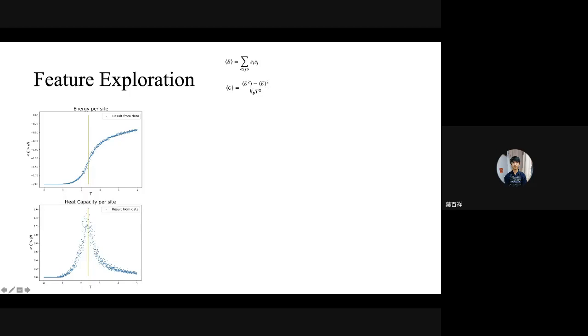Maybe I can answer the question. For each configuration, we can calculate the energy by the formula in the slide, and we just square this energy. It means the E square of this configuration. And since for one temperature we have 100 configurations, we just take the average. So if you write out the formula, how does it look?